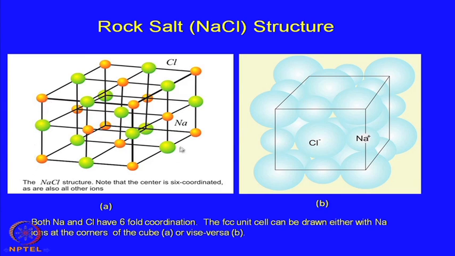So, this unit cell has an equal number of chlorine and sodium ions. The sodium to chlorine ratio is 1:1, and we have found earlier that in an FCC structure, the face centered cubic or close-packed cubic structure, the number of atoms and the octahedral interstitial sites are the same.